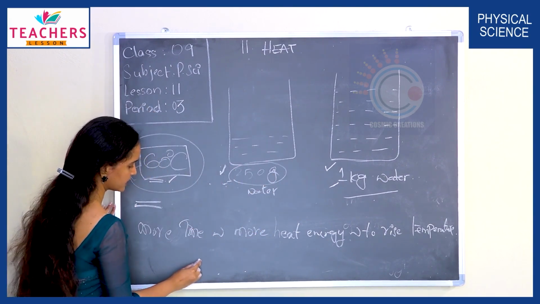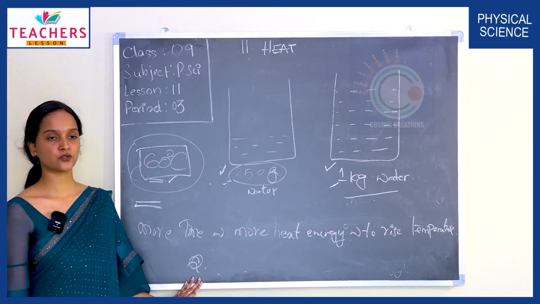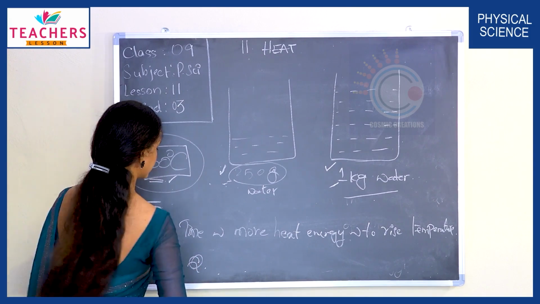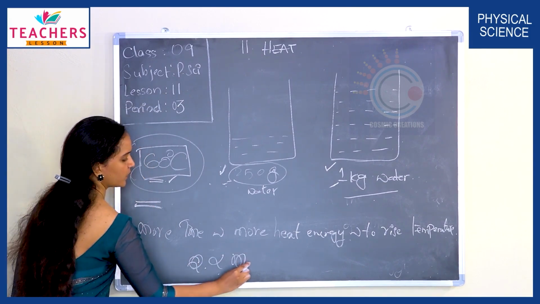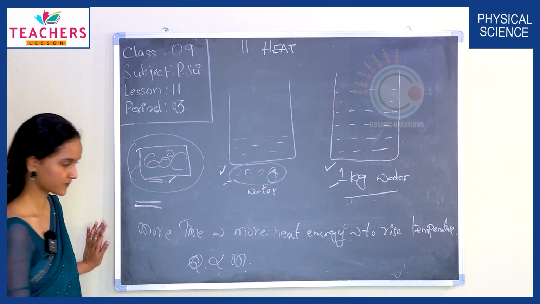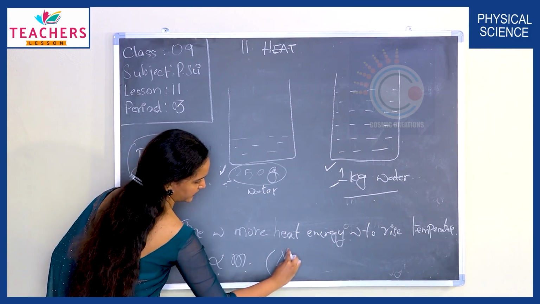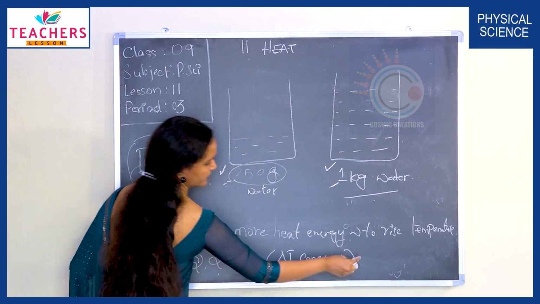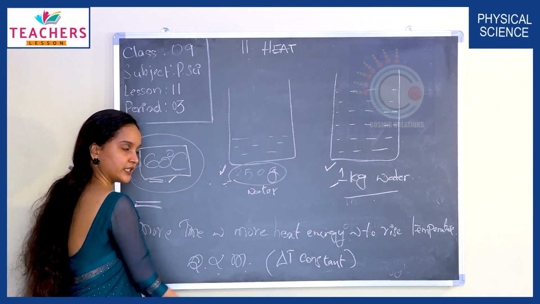So, Q is used to denote heat energy. Q is directly proportional to M, mass, delta T constant. What do I mean by this? For the same change in temperature.